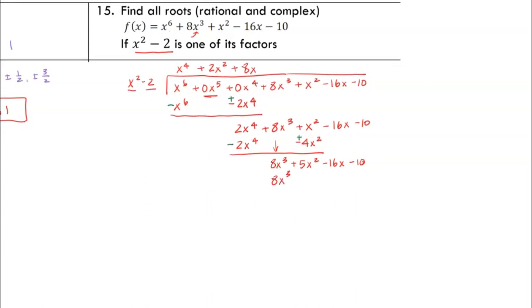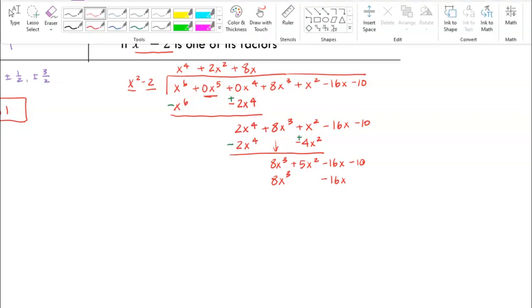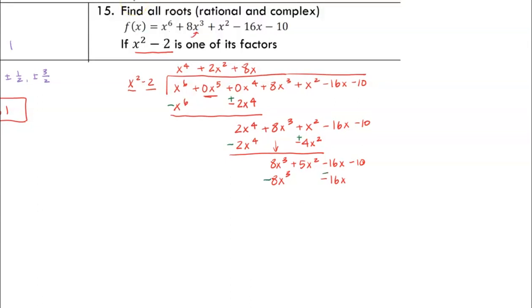So 8x cubed minus 16x, distribute the negative through. Bring down this 5x squared. That goes away. Minus 10. We're just going to add a 5 here. And that's a 5x squared and a minus 10.